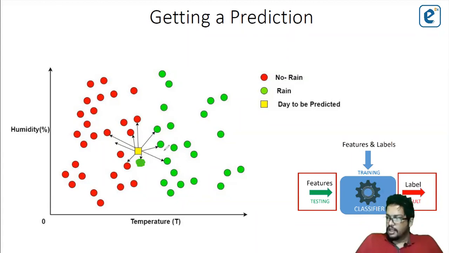Now what will happen? We have a question. What happens if the rain and no rain points are the same distance from the day to be predicted?